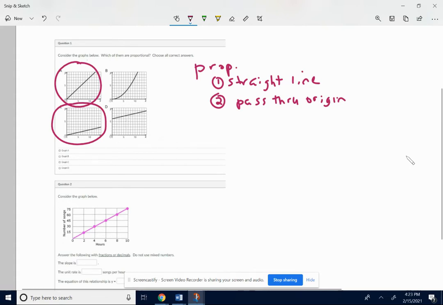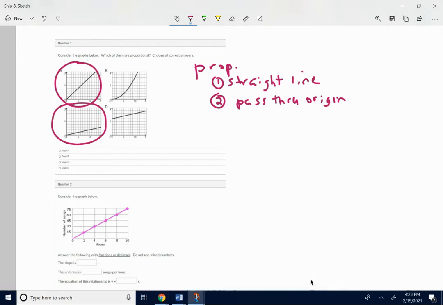Okay, number two, we're finding the slope, unit rate, and equation. For the slope, we're looking at songs and hours. Slope is rise over run.